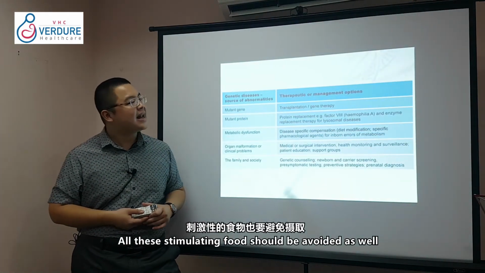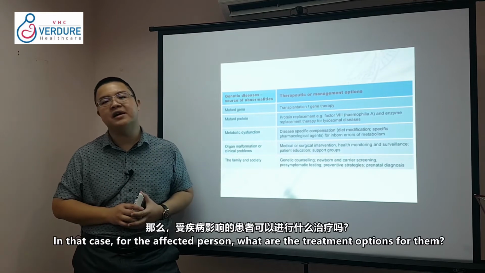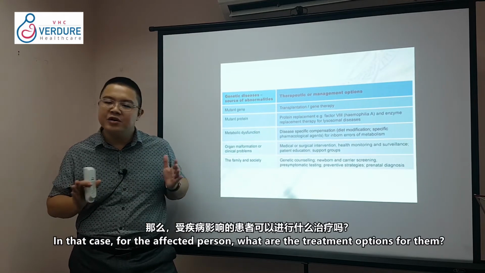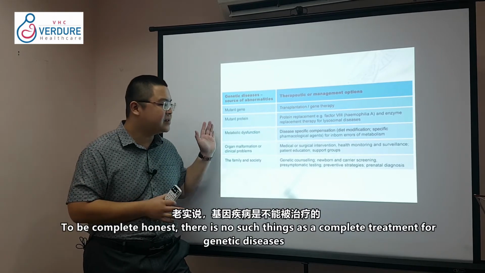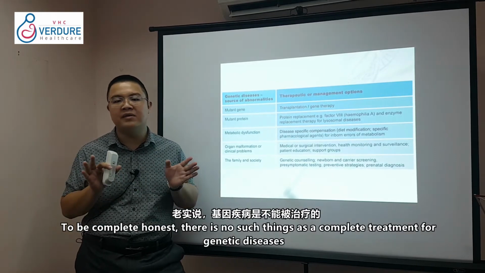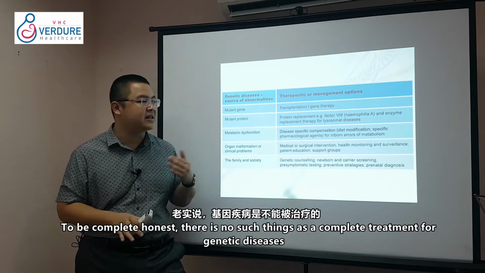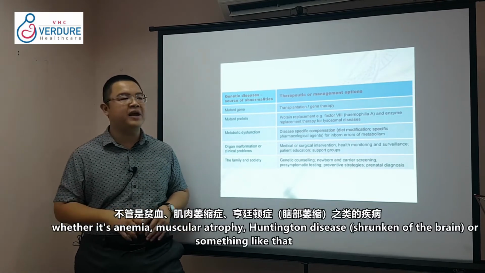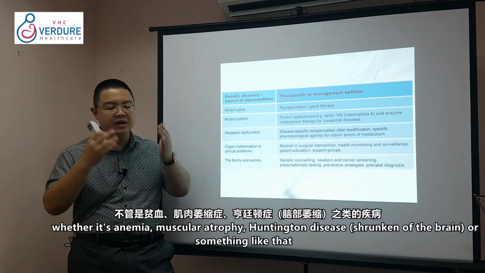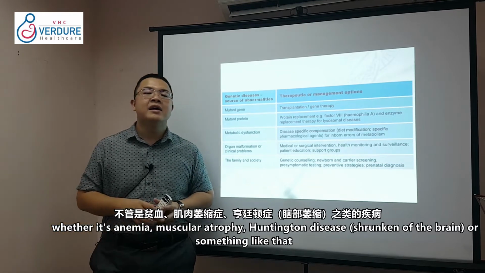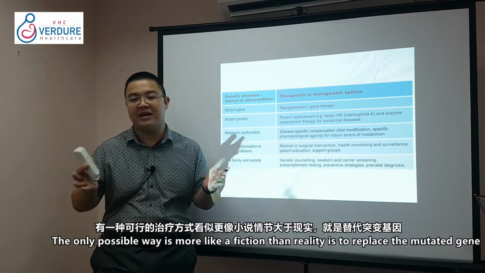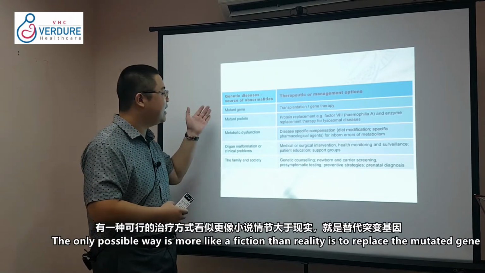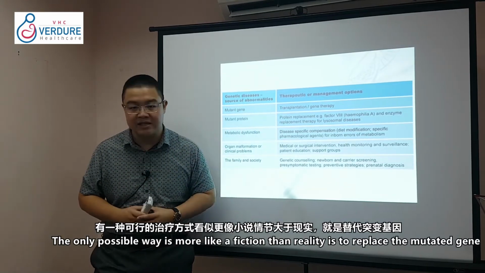Okay, so in that case, for the affected person, what are the treatment options for them? Okay, to be really honest, there is no such thing as a complete treatment for genetic disease, whether it's anemia, muscular atrophy, Huntington disease, the shrinking of the brain, something like that. So the only possible way, which is more like fiction than reality, is to replace the mutated gene.